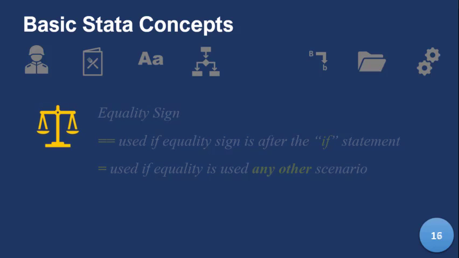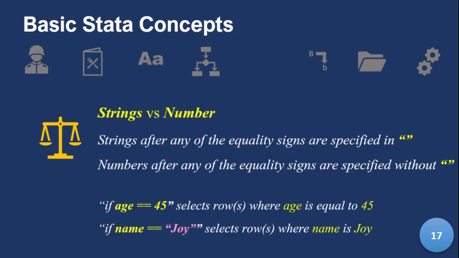The other concept I really want to talk about is the concept of strings and numbers when we talk about the equality sign. After the equality sign, the strings have quotes. We'll talk about the quotes later, and we have names. So any string after the equality sign, we use inverted commas.